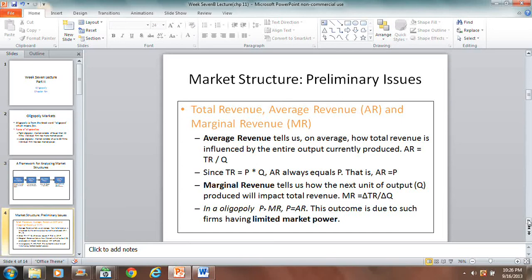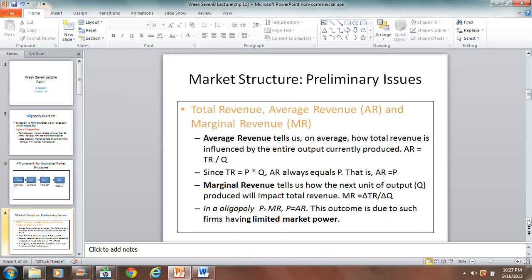We also need to be concerned about marginal revenue because it tells us, when a firm produces one more unit of output, how that additional unit will affect the firm's revenue. Will producing that extra unit make the revenue go up? Will it make the revenue go down? Will it have no effect on revenue? Marginal revenue will tell us that.